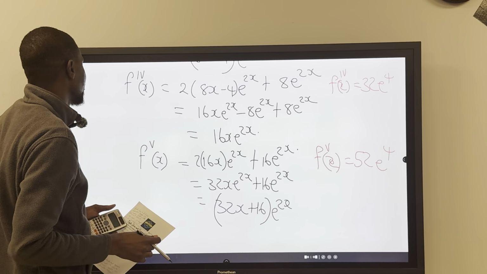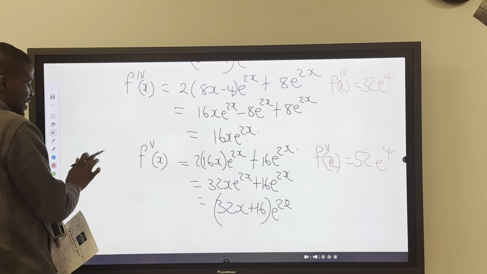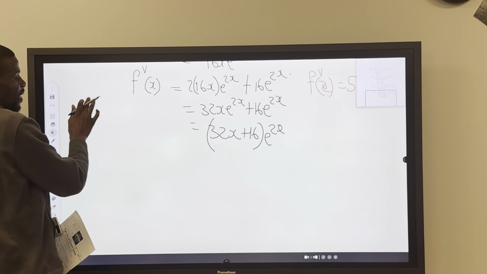And when we get that part, let's go ahead and write the formula which we want to use.